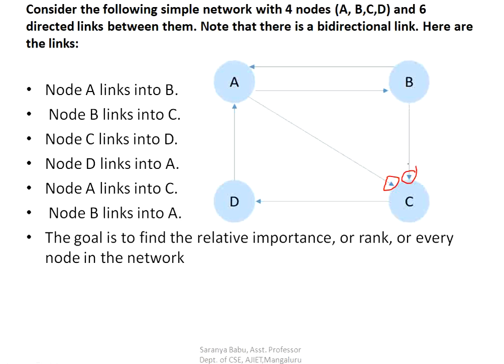So obviously C is going to get only 0.5 of node B. Correct? 0.5 of node B is received by C.